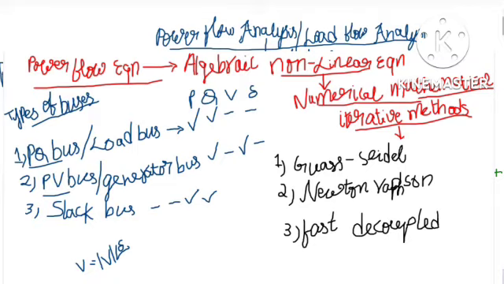Before going into Gauss-Seidel, Newton-Raphson, and fast decoupled methods, we should know some basic things. That is, what are the different types of buses available? First one is the PQ bus.